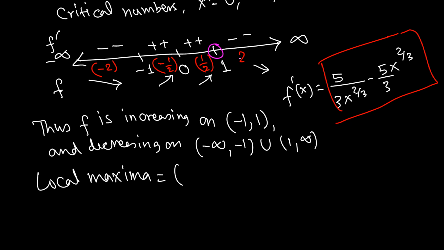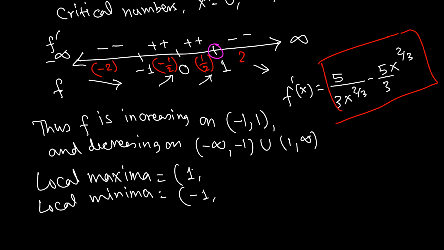The function is going up and down, so local maximum occurs at 1, and to find the corresponding value we go back to the function and plug in there. So we'll do that in a moment. And local minimum or minima at -1, so it's going down and up, so -1 and corresponding value.